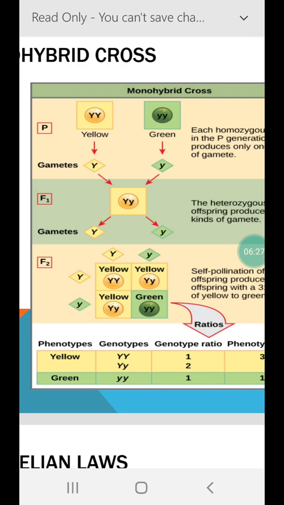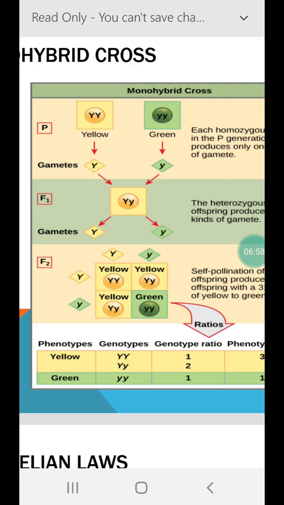And again the F3 generation was obtained by selfing of F2 hybrids. So when he took only one characteristic from each parent and raised the F1 and F2 generations, it was called a monohybrid cross.